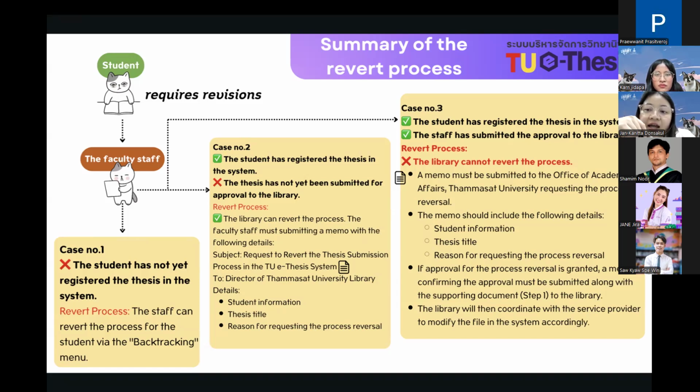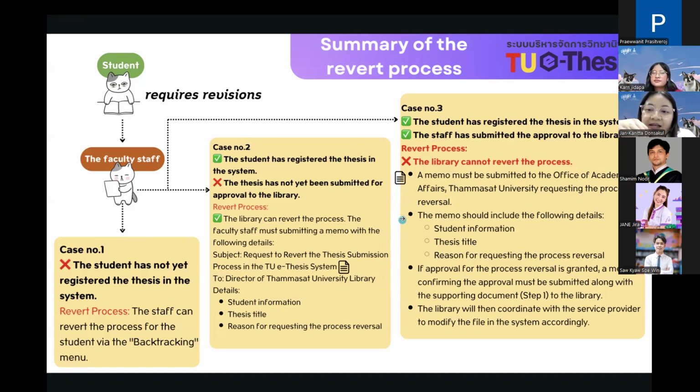And the last one, case number 3, if you already registered the thesis and the library staff already published your work on TUETC, and you want to revert the process, you have to ask the faculty staff to write a memorandum to the Office of Academic Affairs, Thammasat University, to request a reversal.